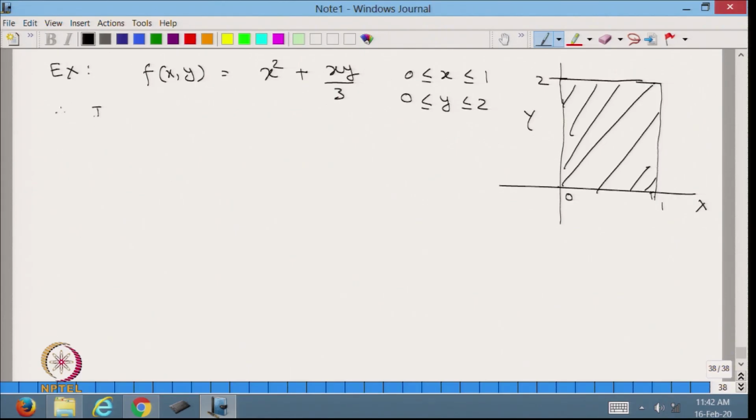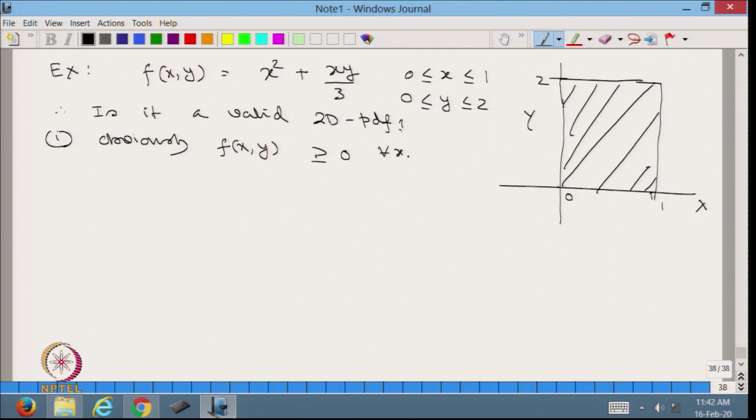Therefore, is it a valid two-dimensional PDF? Obviously, f(x,y) is greater than or equal to 0 for all (x,y) belonging to this omega.